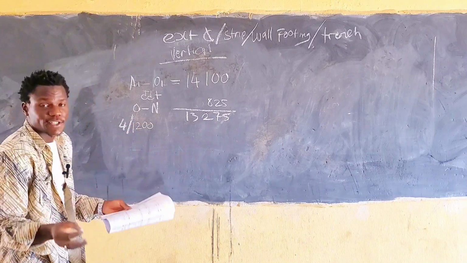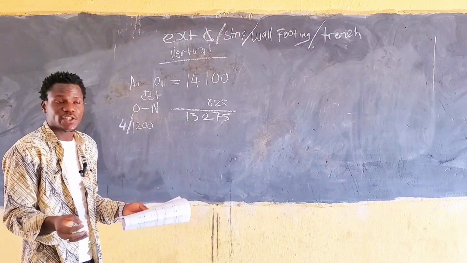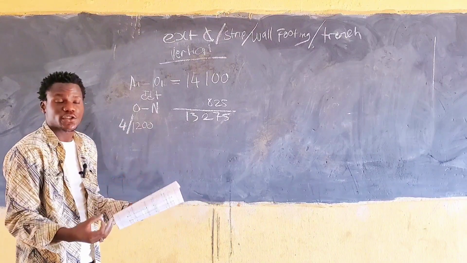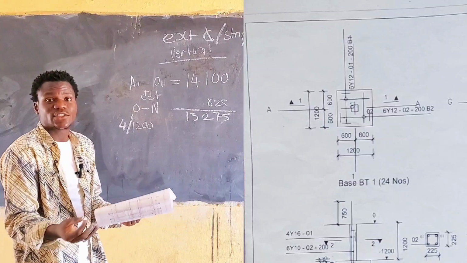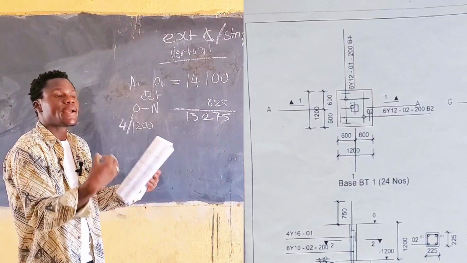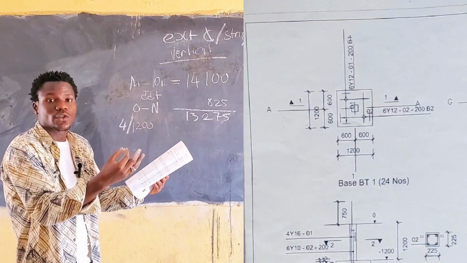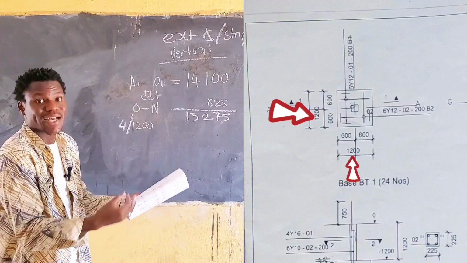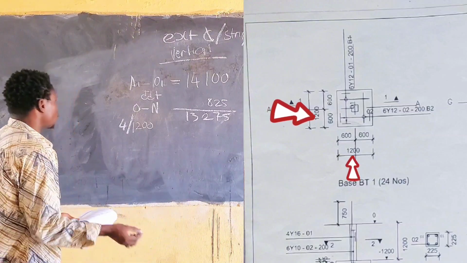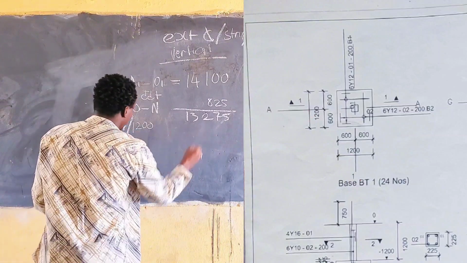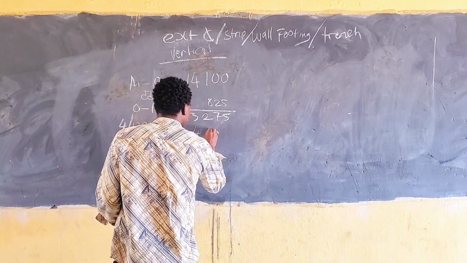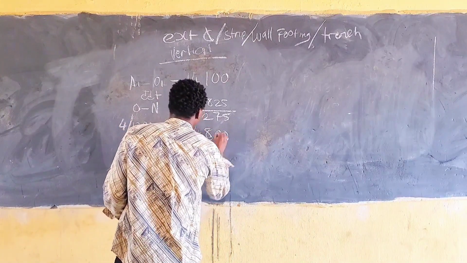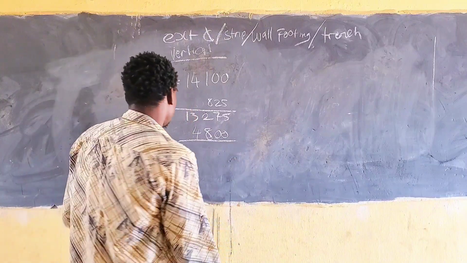According to the foundation details, the specifications for base type 1 that the structural engineer gave to us, he said base type 1 is 1,200 by 1,200, as you can see clearly. So we are going to say 4 by 1,200, which is 4,800.